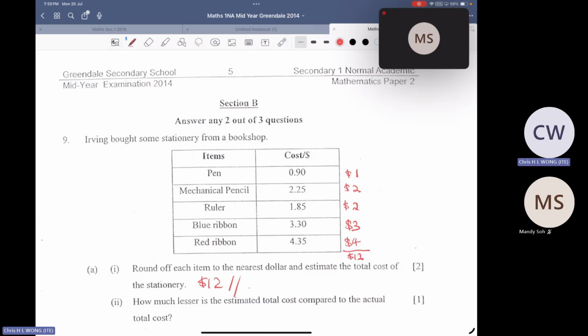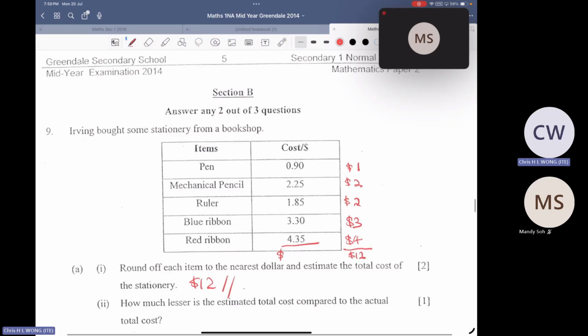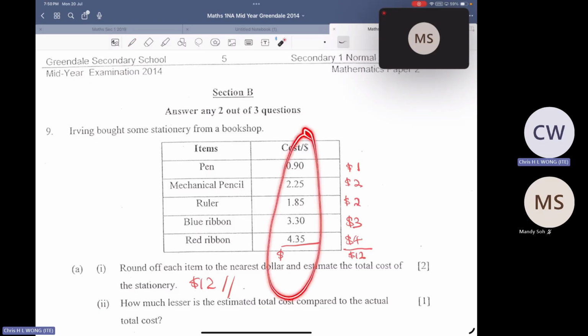So take the total of this. What's the total of this? Can you help me to add, please? This one add up together, how much? $12, 65 cents.